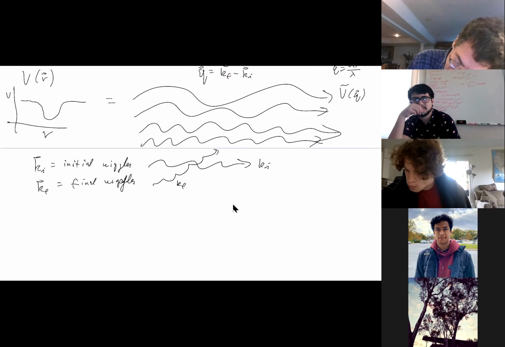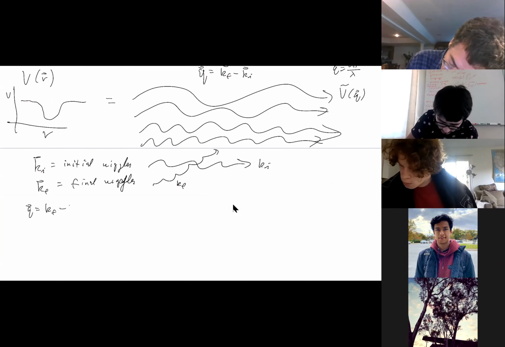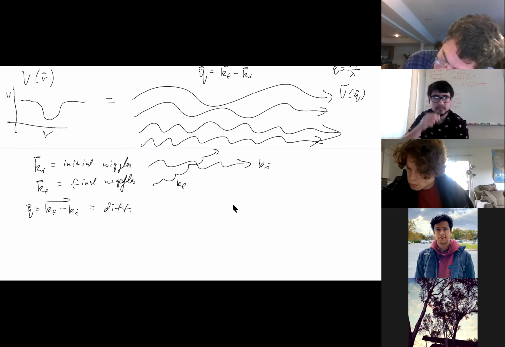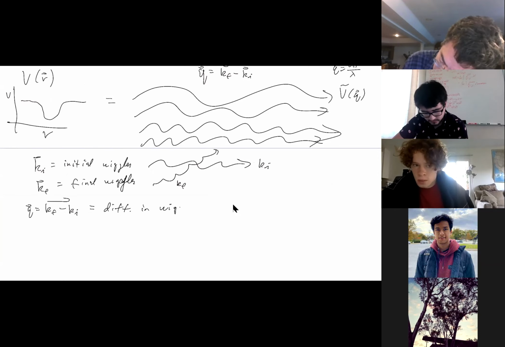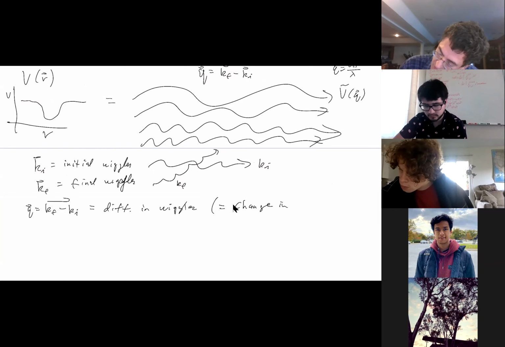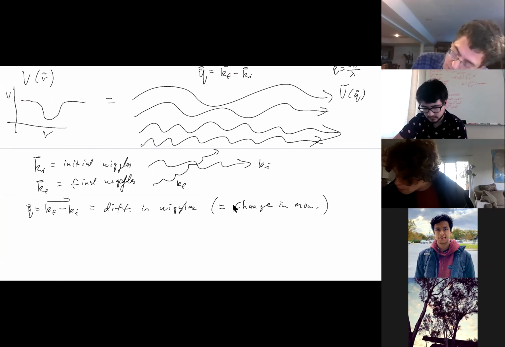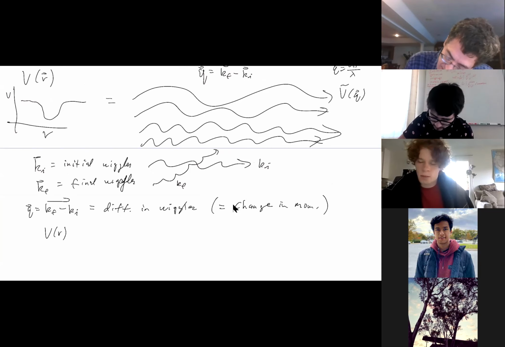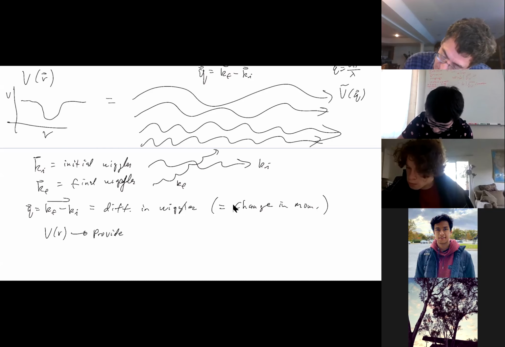And then Q is equal to the difference in the wiggles, which is equal to the change in momentum. But for the scattering to happen, V of R has to provide those wiggles.